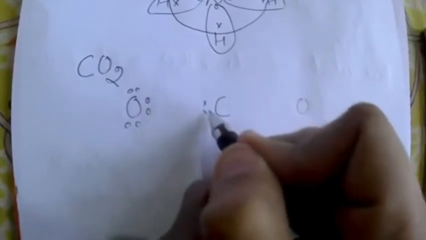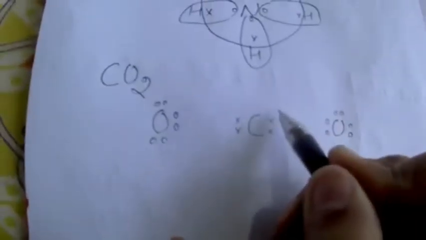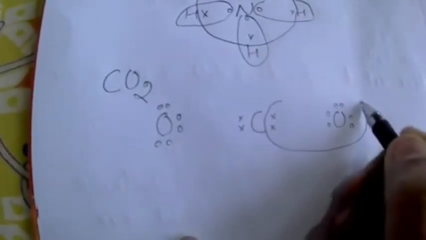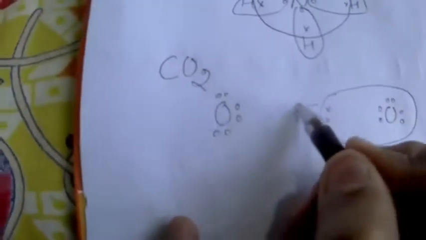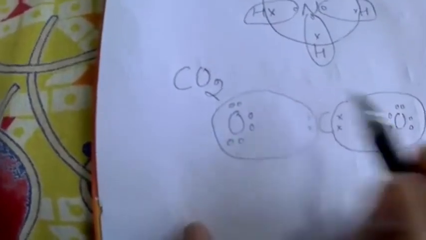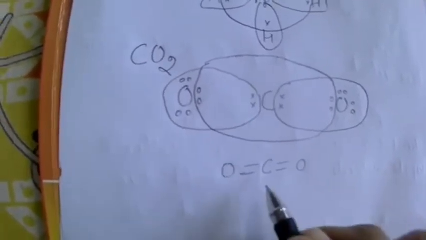So 1, 2, 1, 2. 1, 2, 3, 4, 5, and 6. So this circle is to be like this, with 8 electrons in it. This circle is to be like this, 8 electrons, and this will be a bigger circle because the electrons are far. Now this carbon dioxide structure is okay. So you can say that carbon dioxide has a double covalent bond type structure.